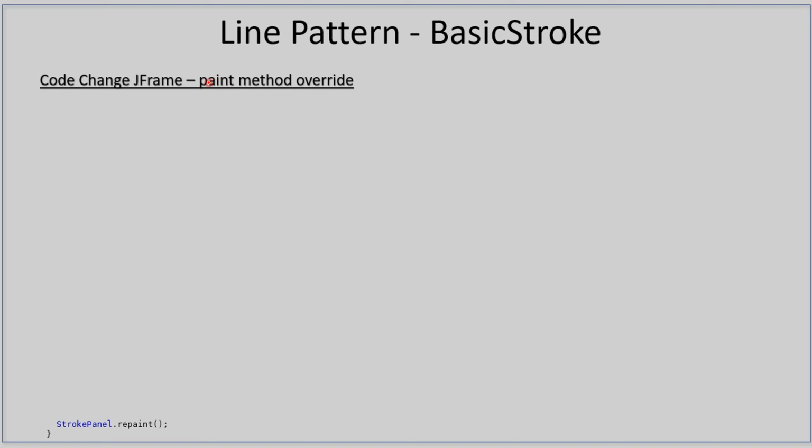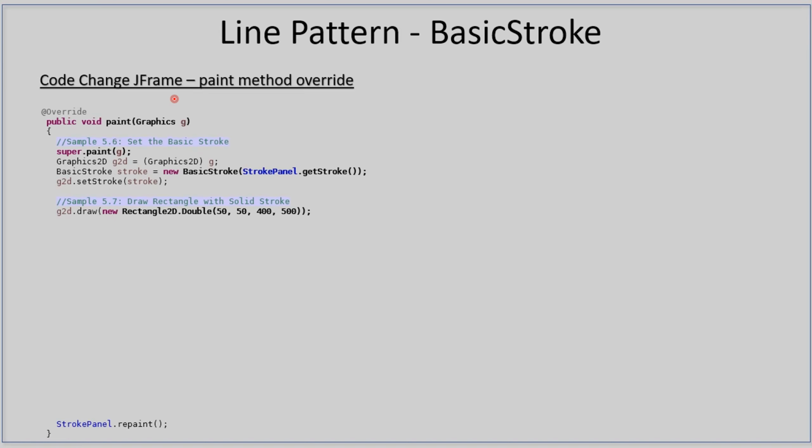We already defined our paint method to check how the line thickness is working. This is the piece of code which we added in the previous video, just to check how the line thickness was working.